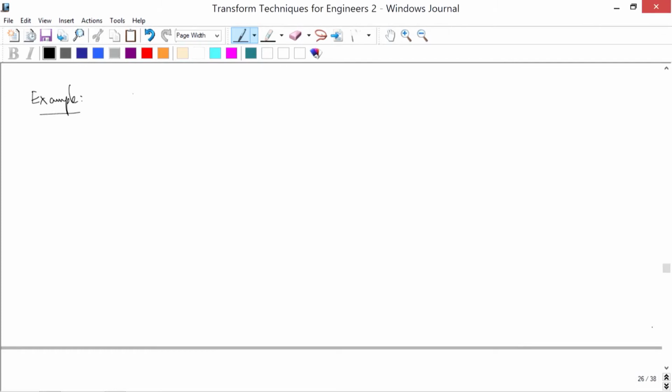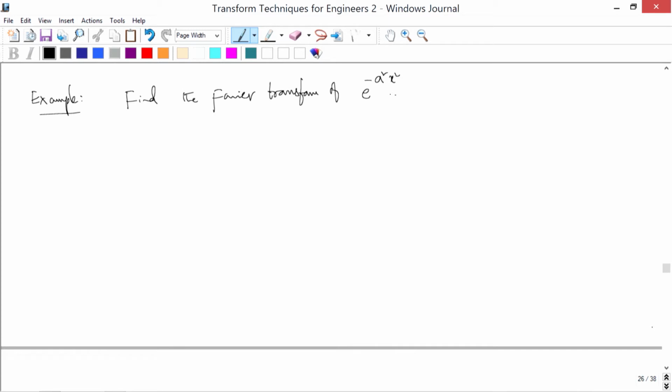So let us start with this example. Find the Fourier transform of e power minus a square x square. Let me take it like this, a is positive, it does not matter. Whether a is negative or positive, a square is always positive, so it is fine.